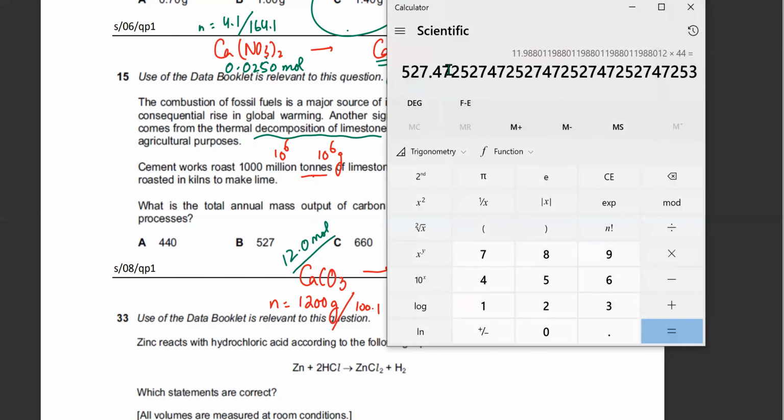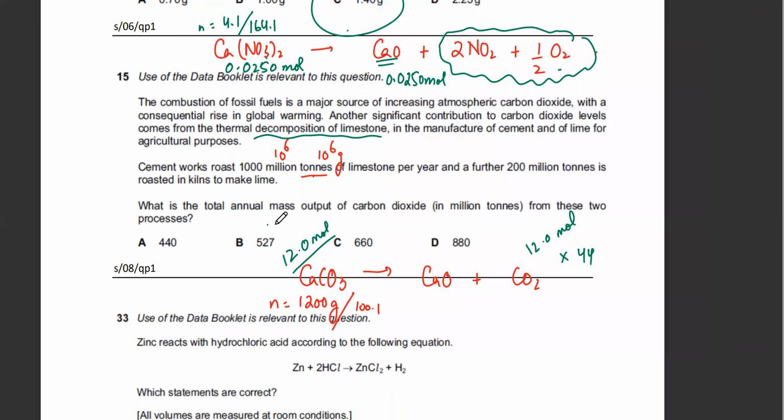Rounded to 3 significant figures, because my value cannot be more accurate than the values that I'm using, this gets rounded downwards, so it remains 527. So the answer is going to be B. I said, just imagine if you had taken 12.